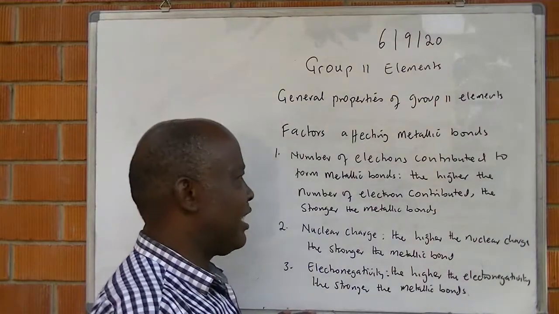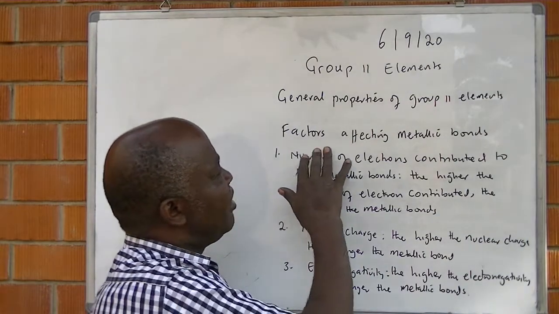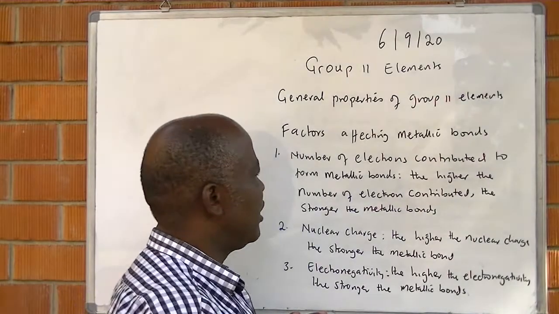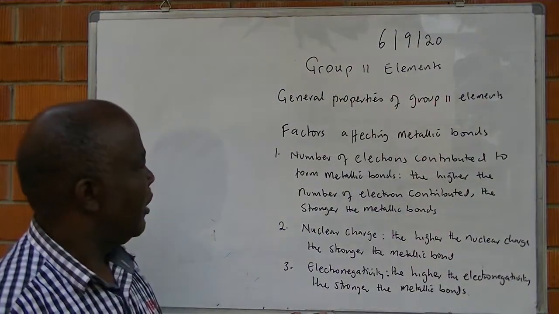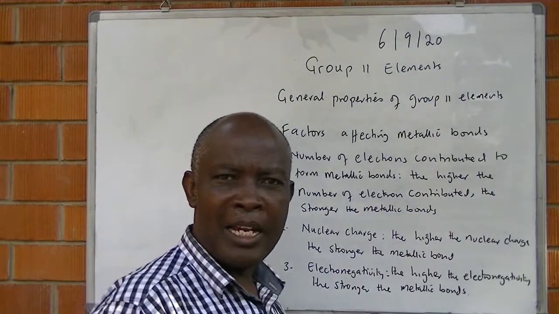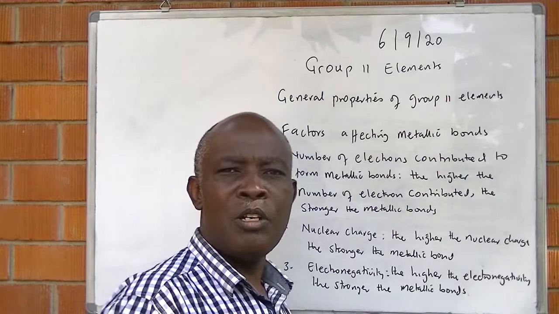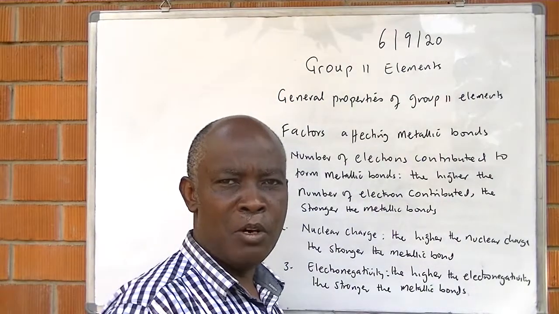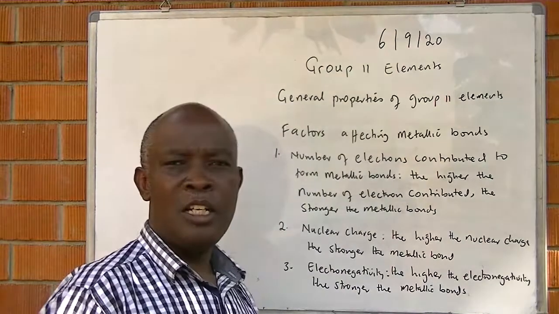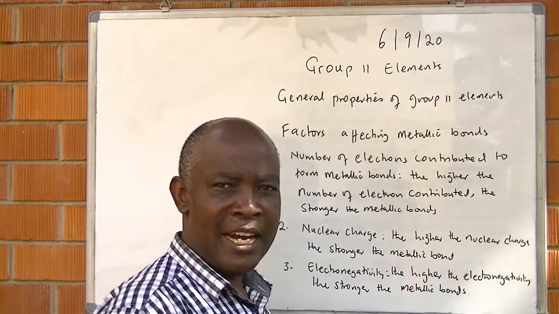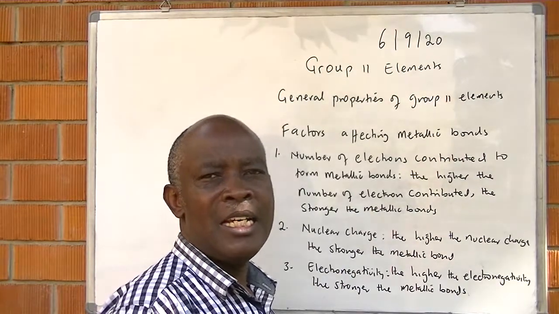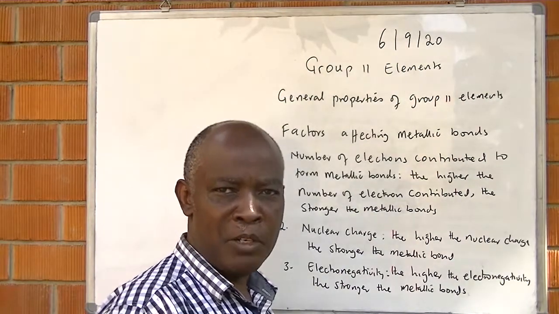Let us remind ourselves about the factors affecting the strength of metallic bonds. 1. The number of electrons contributed by an atom to the formation of metallic bonds. The bigger the number of electrons contributed by an atom to the formation of metallic bonds, the stronger the metallic bond.